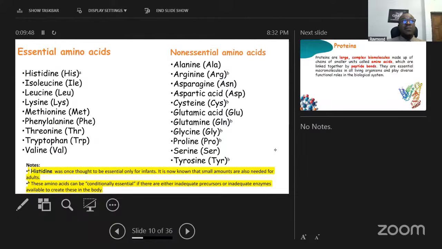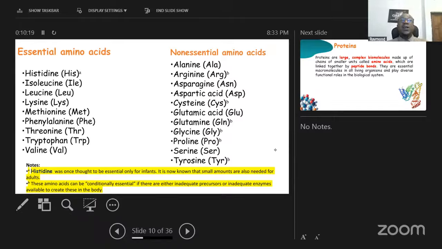For the essential amino acids, we have histidine, isoleucine, leucine, lysine, methionine, phenylalanine, threonine, tryptophan, and valine. For the non-essential, we have alanine, arginine, asparagine, aspartic acid, cysteine, glutamic acid, glutamine, glycine, proline, serine, and tyrosine.